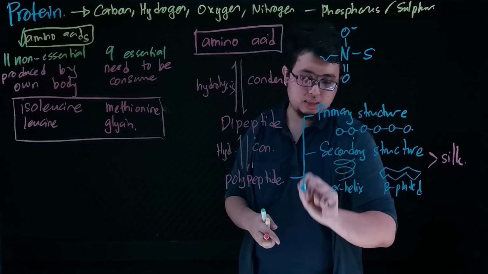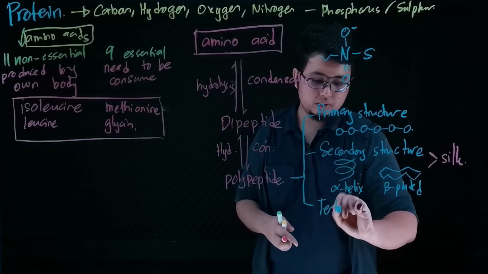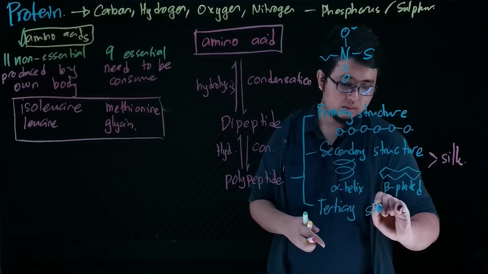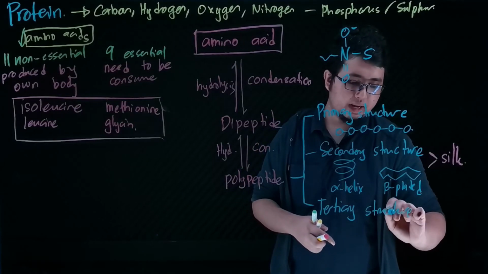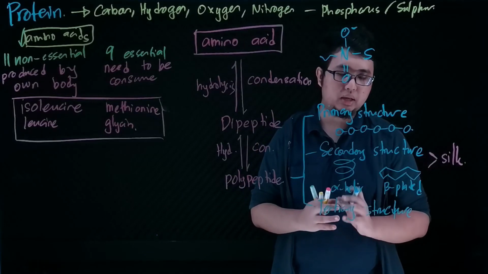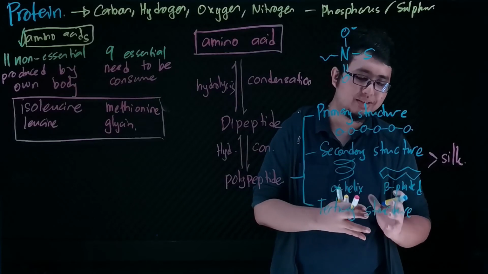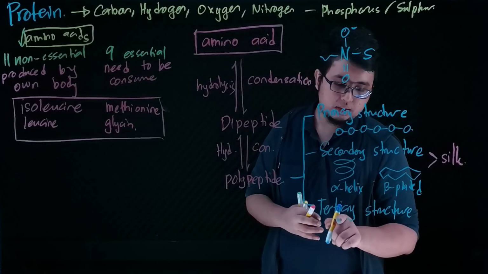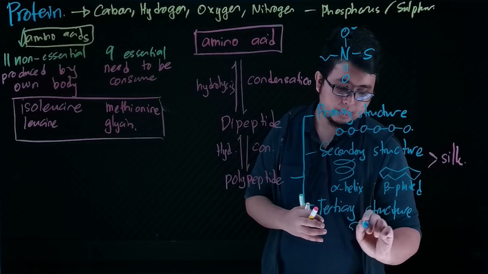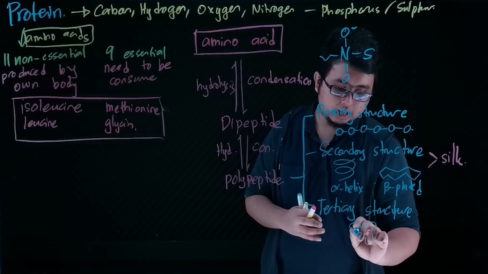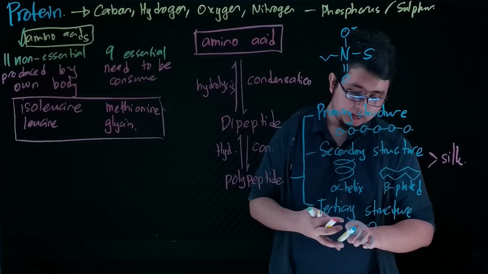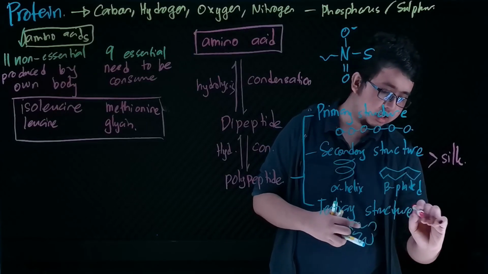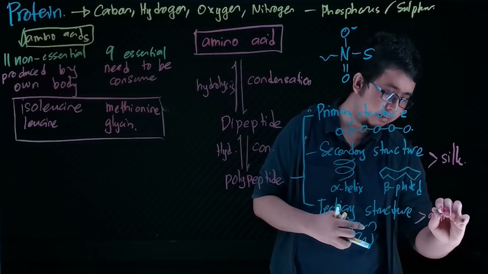Next, we go with the tertiary structure. Now, the secondary structure starts to form a complex structure, which is the tertiary structure. They fold together to form the tertiary structure, and we see this tertiary structure in our antibody.